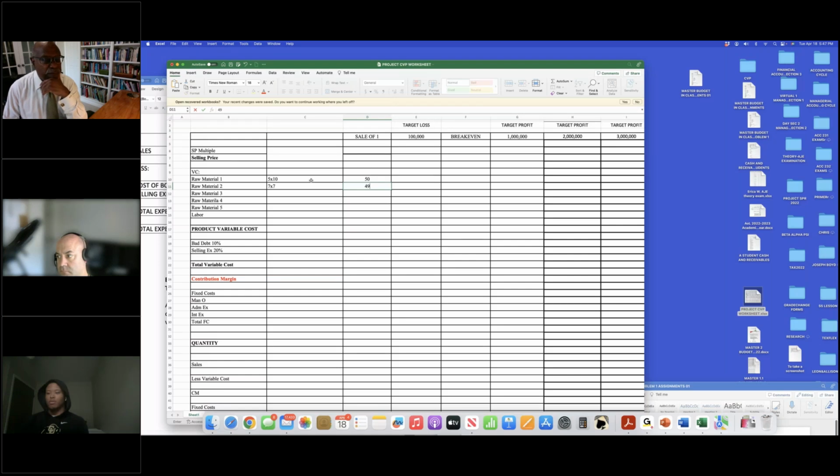So you'll have this plus your labor. That's your product variable cost. You have a multiple, and the selling price will be based on this product variable cost. Then you calculate the bad debt as a percentage of the selling price just determined, and the selling expense to come up with the total variable cost.